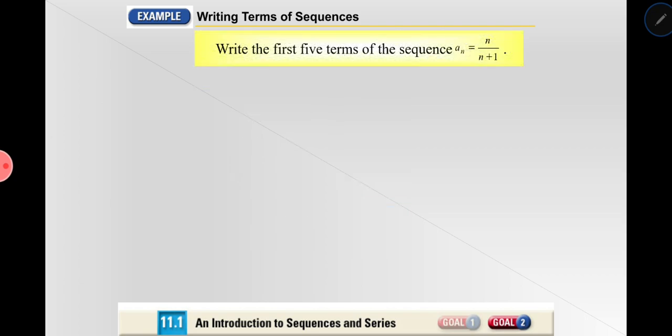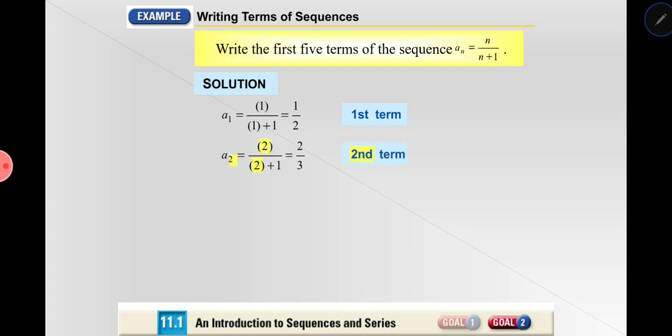So another one, write the first 5 terms of the sequence a sub n is equal to n over n plus 1. So again, for the first 5 terms, our n will be 1, 2, 3, 4, and 5. So we substitute 1, so we have 1 over 1 plus 1, we have 1 half being the first term.